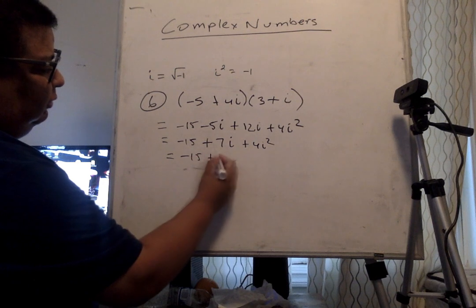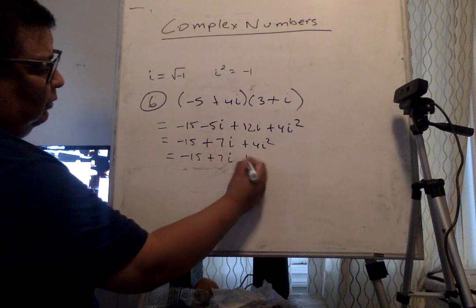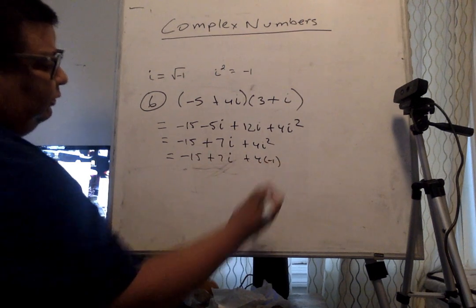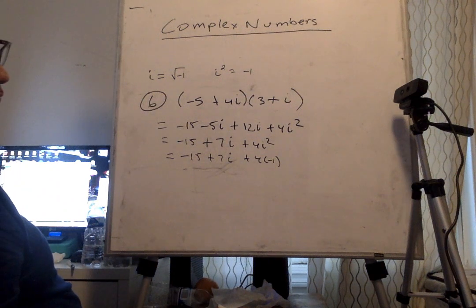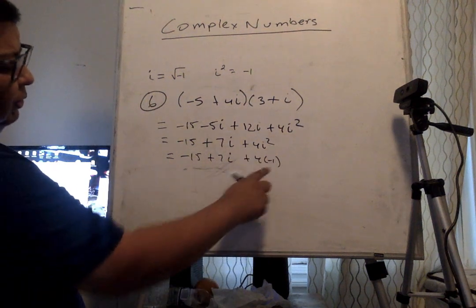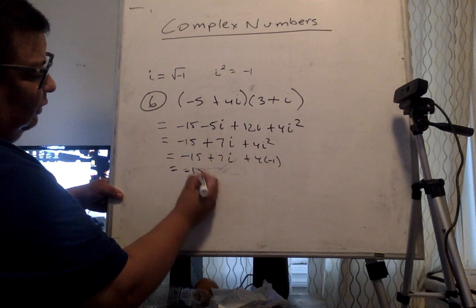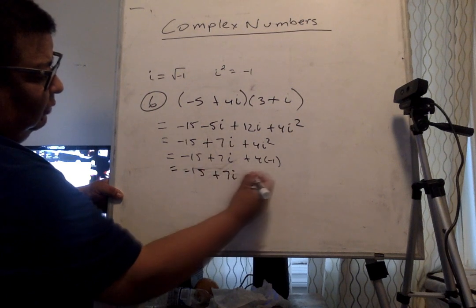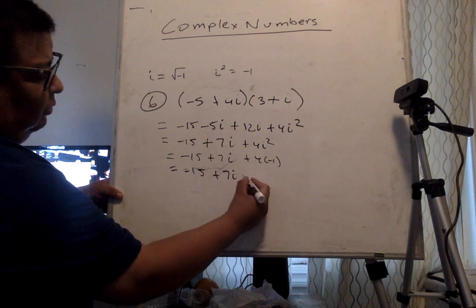Negative 15 plus 7i plus 4 times negative 1, because i squared becomes negative 1. So that would be negative 15 plus 7i, 4 times negative 1, that would be negative 4.